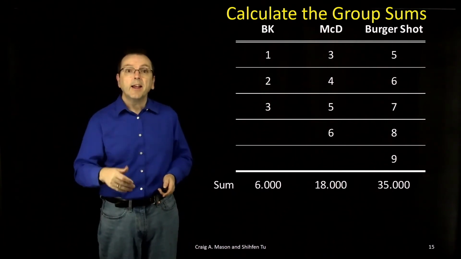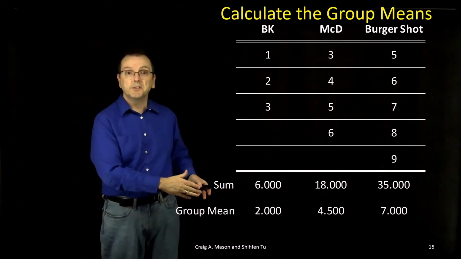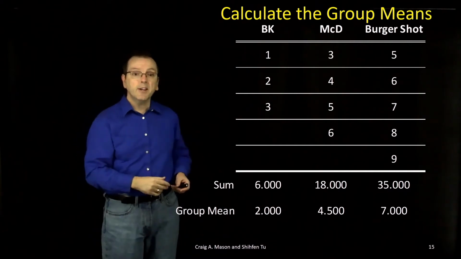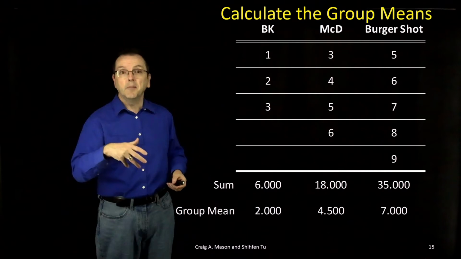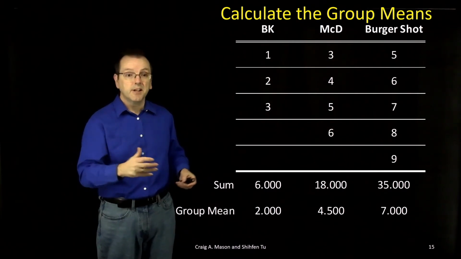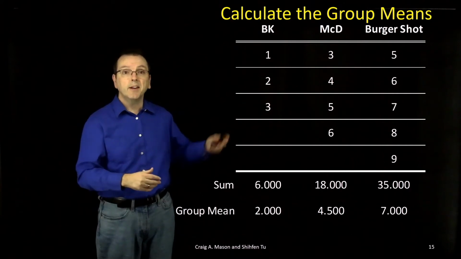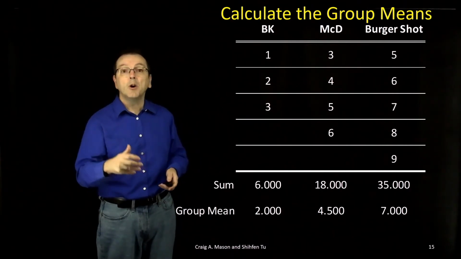We then calculate the means for each group by dividing each of those sums by its respective n. So the mean for Burger King is 6 divided by 3, or 2. The mean for McDonald's is 18 divided by 4, or 4.5. And the mean for Burger Shot is 35 divided by 5, or 7.